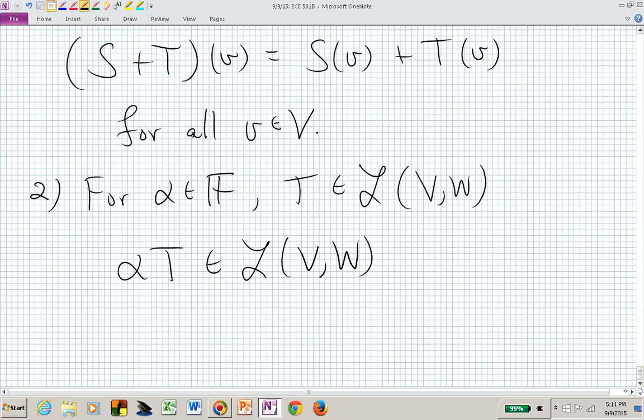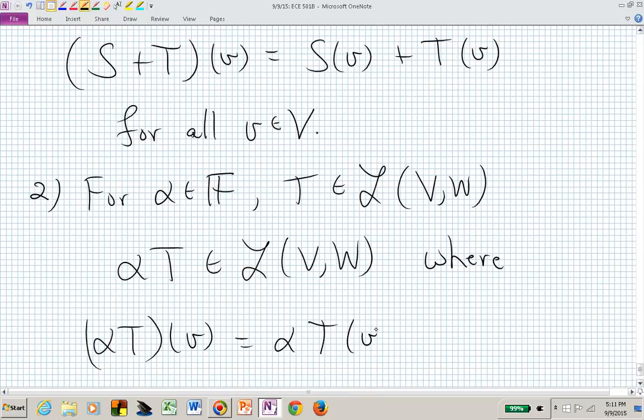So alpha T is an element of L(V, W), where alpha T on v is now equal to alpha times Tv.